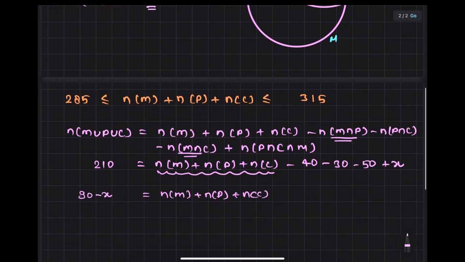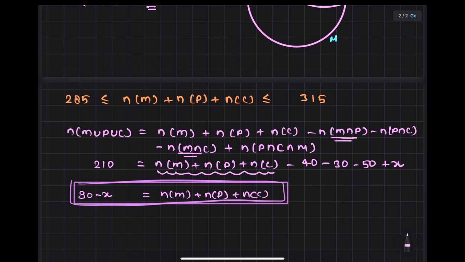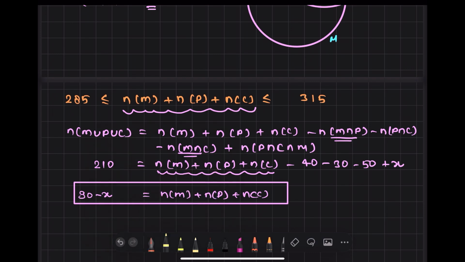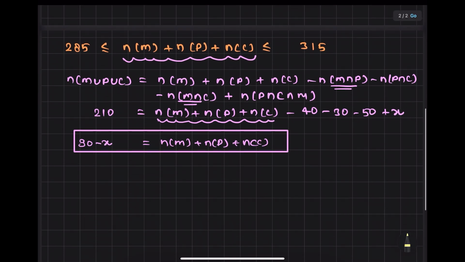Now we can use this part, where n of maths plus physics plus chemistry is 90 minus x, so that we have an inequality in x. Let's substitute: 285 is less than or equal to 90 minus x, which is less than or equal to 315.